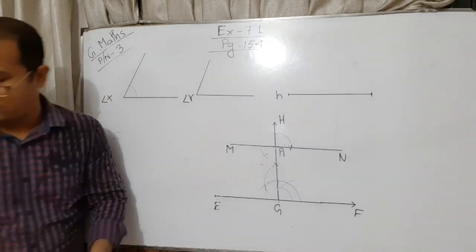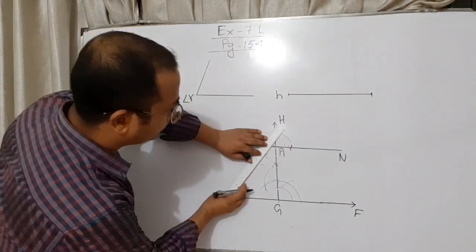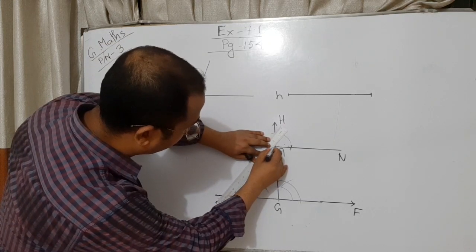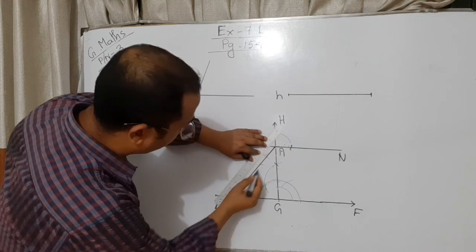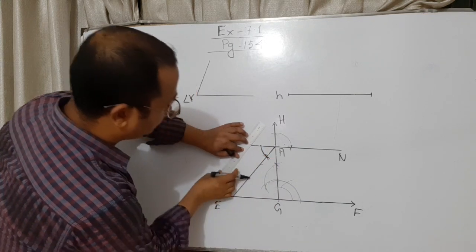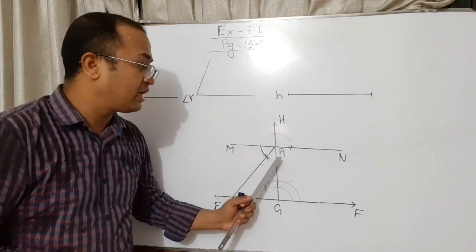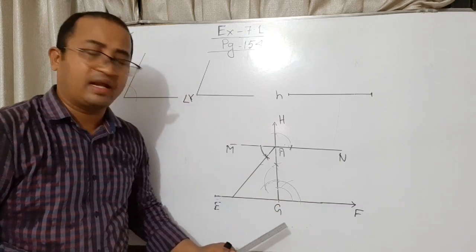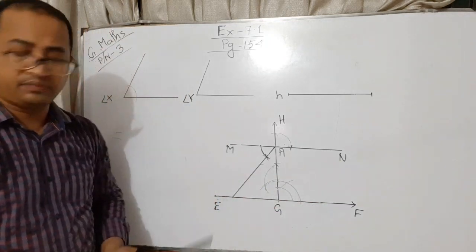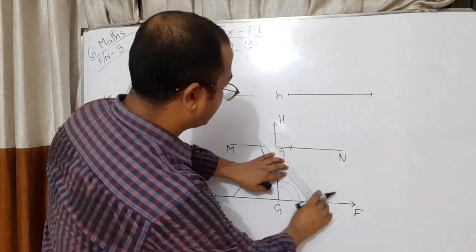Now join these two. Similarly, at the point A, with the line AN, we draw another angle NAC equal to Y. And say this is like this.